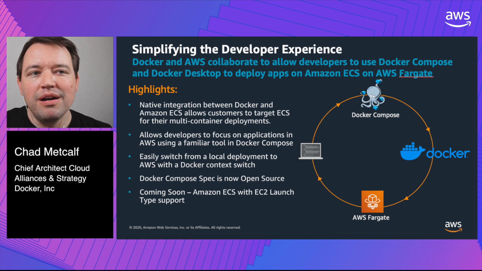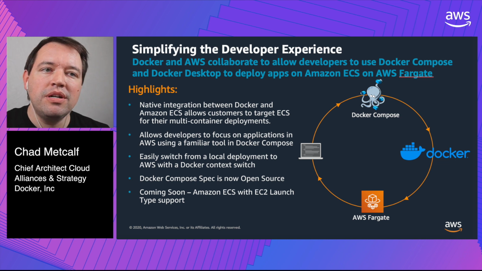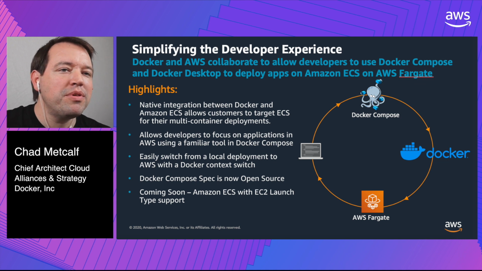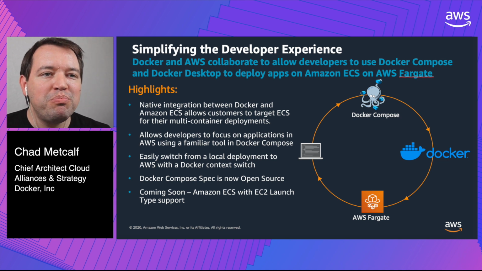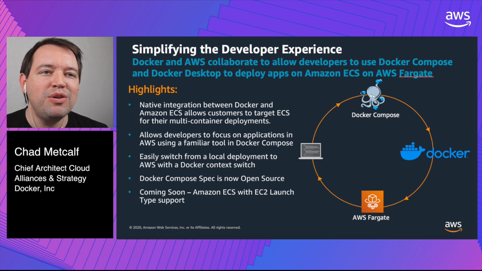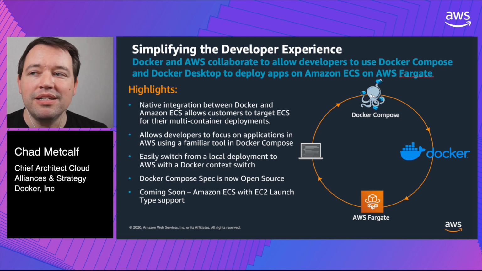Like potentially where am I going to get the image and what's the underlying technology for the backing store. But you shouldn't have to know that, because in the end, you just want to know that you're going to run 3 containers and A talks to B, B talks to C, and C just happens to be a database. And so what we think this is going to allow you to do is stay in the tooling that you already know and can be very productive in, and get through that inner loop as fast as possible and iterate quickly.